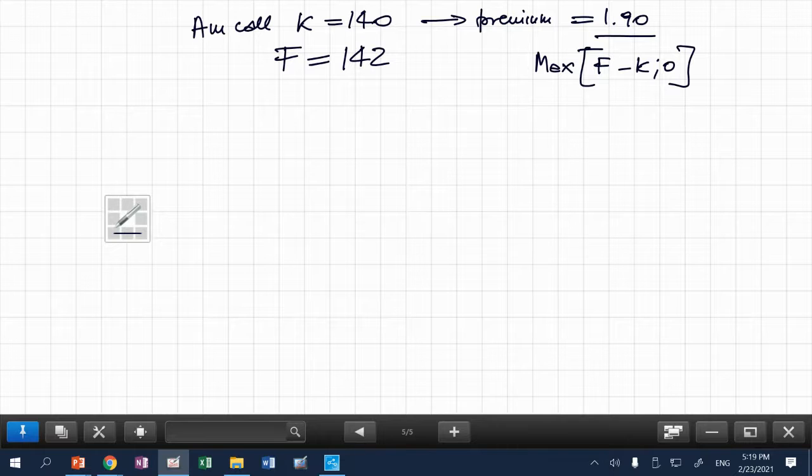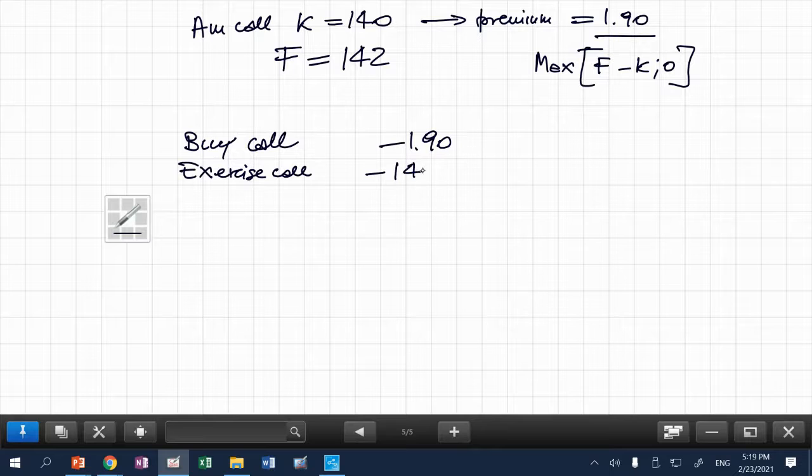By buying, okay? So let's say we buy the call. You buy the call, and this is a cost of 1.90. And with the call, since it is American, you can, even today, exercise the call, which implies what? If you exercise the call, 2 things happen.